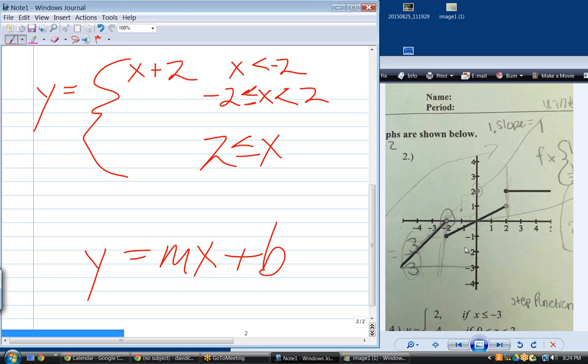Slope is up 1 over 2, so 1/2. Okay, so what's the equation of a line that has a slope of 1/2 and a y-intercept of 0? y equals 1/2 x plus 0, or just y equals 1/2 x. And finally, whenever the domain is to the right of 2 or equal to 2, what is y equal to?